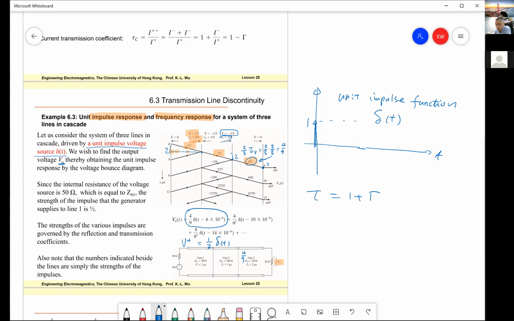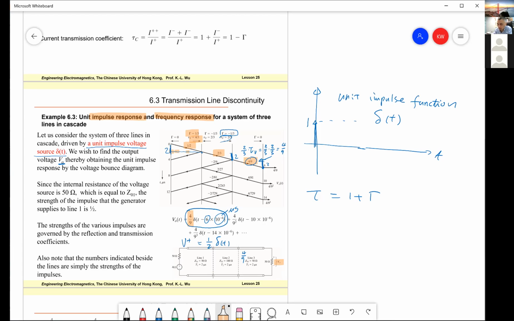This is 2, another 2, another 2, so in total we have a 6 microsecond time delay. Then we reach the magnitude 4/9. This is the first wave arrived at the terminal.